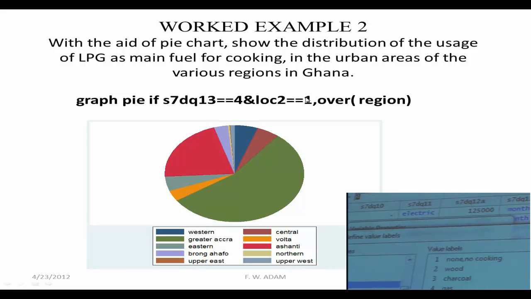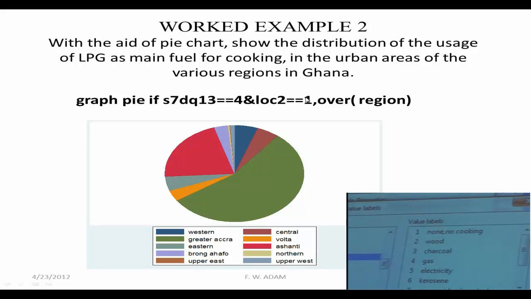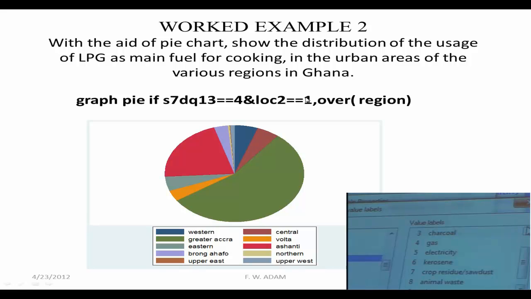So we have wood, charcoal, gas, electricity, kerosene, crop residue, and then animal waste and other. And here we see that LPG is the fourth. The value for LPG is 4.